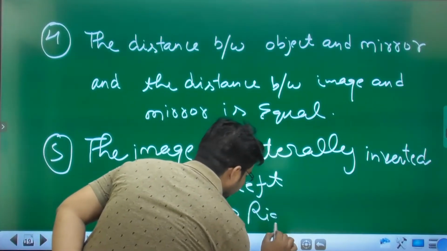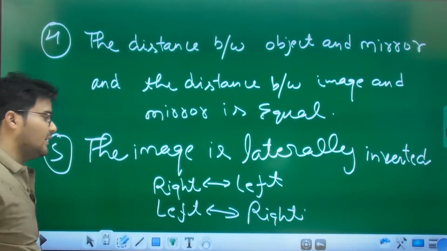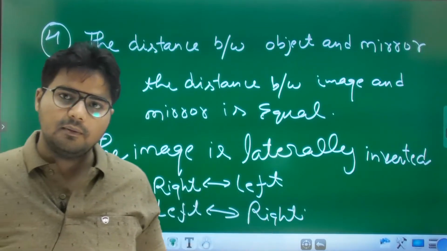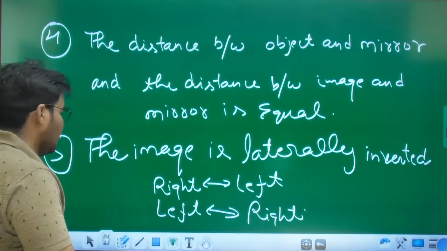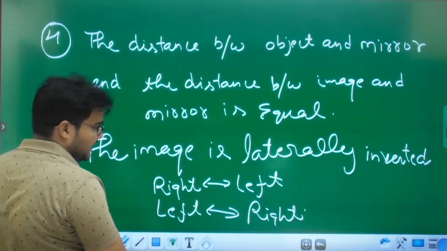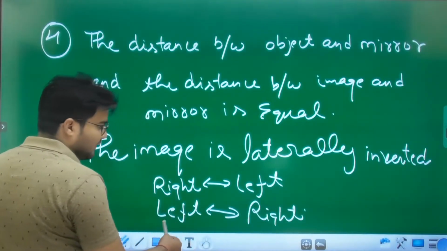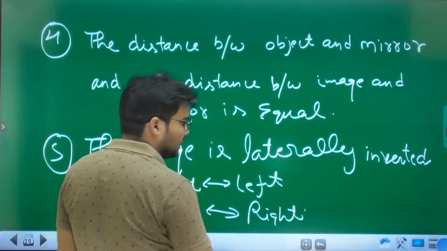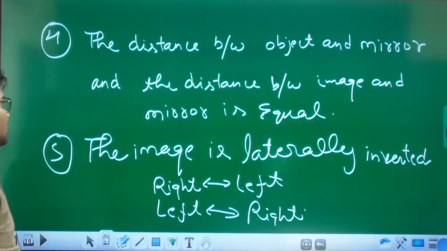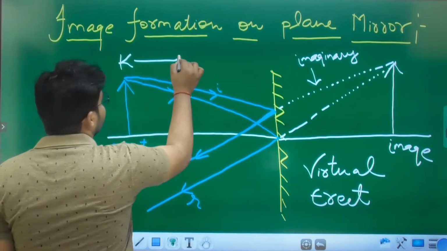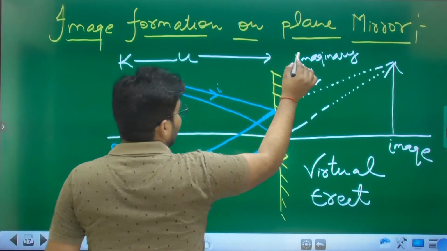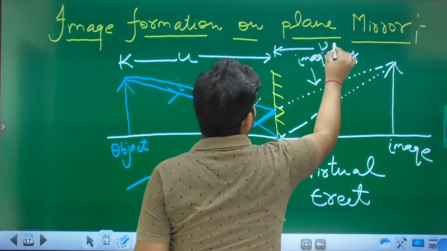right. Clear? So in the image of the plane mirror, the right of the object appears on the left, and the left of the object appears on the right. So these are the 5 characteristics. Let us see, if the object is here, suppose this one is the u distance from the mirror and this one is the v distance from the mirror.